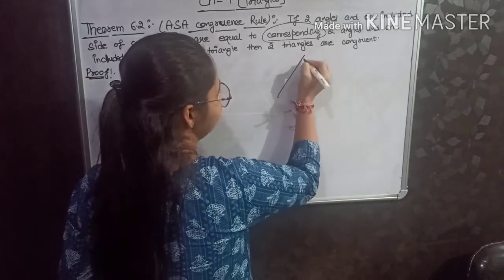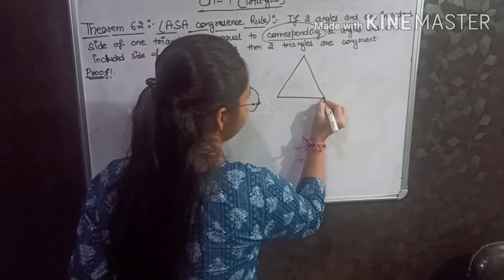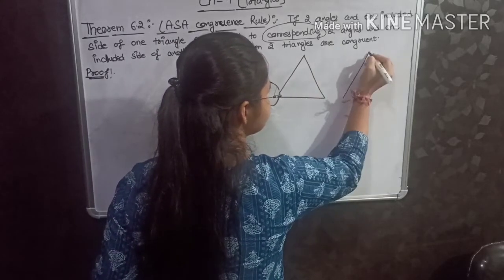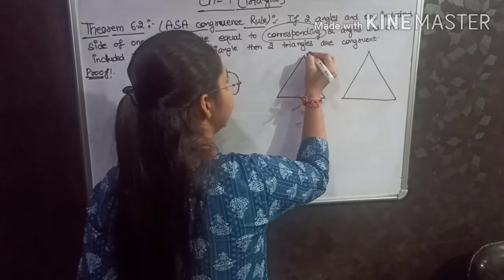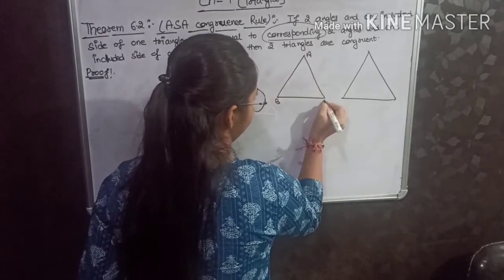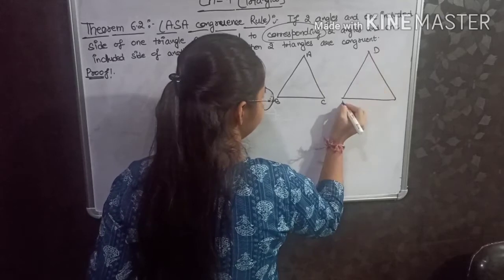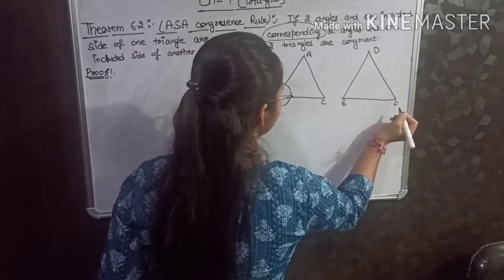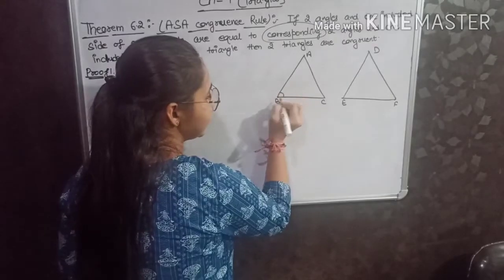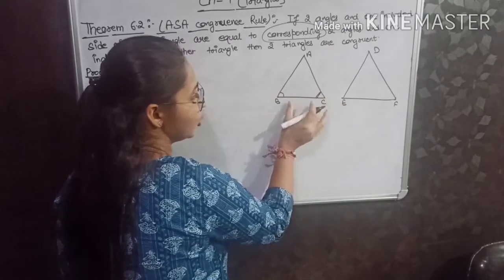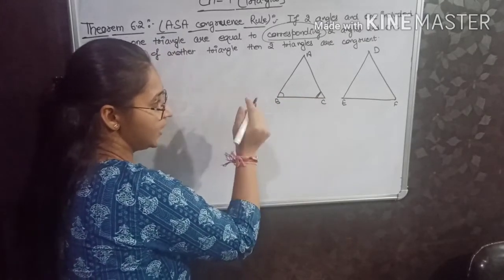according to this rule, I am taking two triangles ABC and DEF. Now, what is given? Two angles. Two angles means, let me take angle B and angle C of triangle ABC.